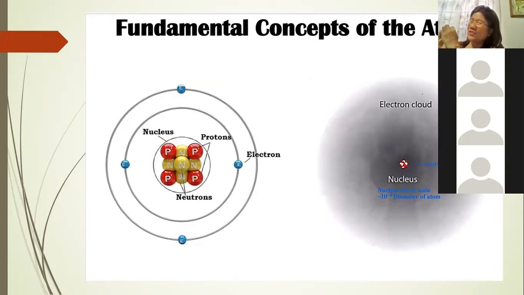So that center is the nucleus, and outside of it, the seeds will represent our electrons. That is the representation of an atom in a Filipino manner.